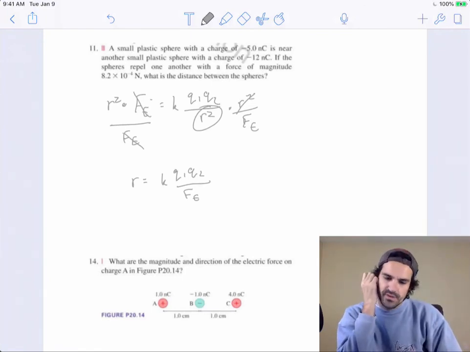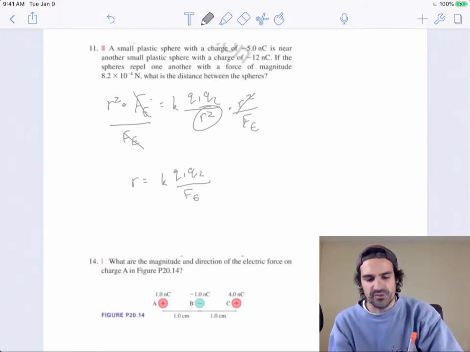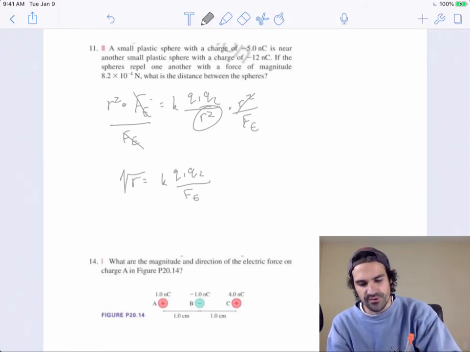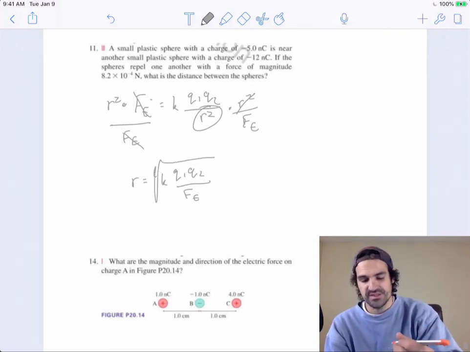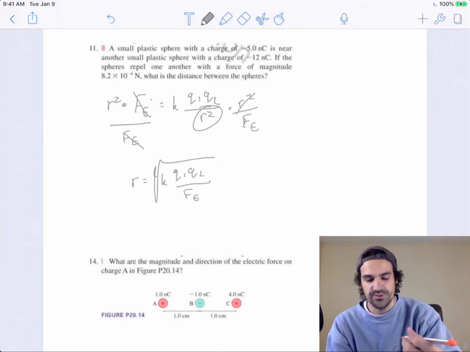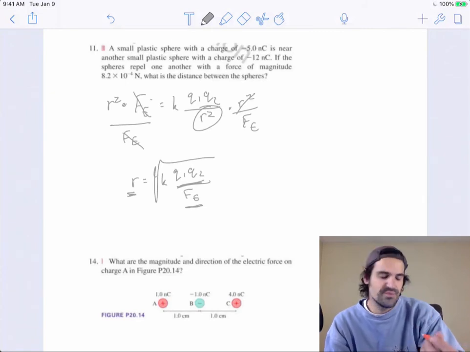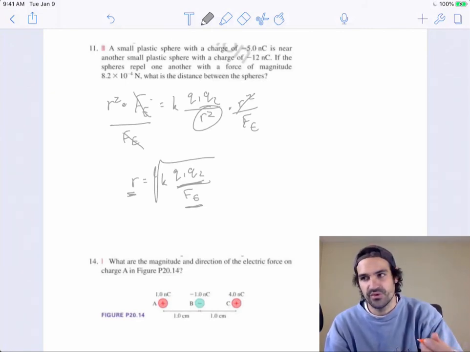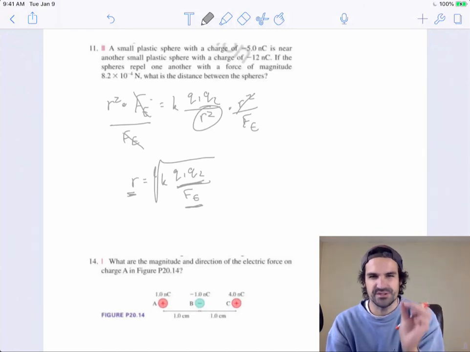But we don't want r squared. So we take the square root of both sides, and then we'll find that the radius is equal to the square root of k q1 q2 over Fe. Or rather, the distance between them is proportional to the square root of the product of their charges. It's inversely proportional to the square root of the electric force, which makes sense. Bigger electric force would mean the radius is smaller.